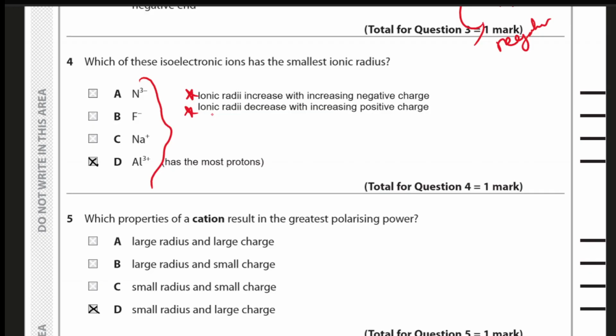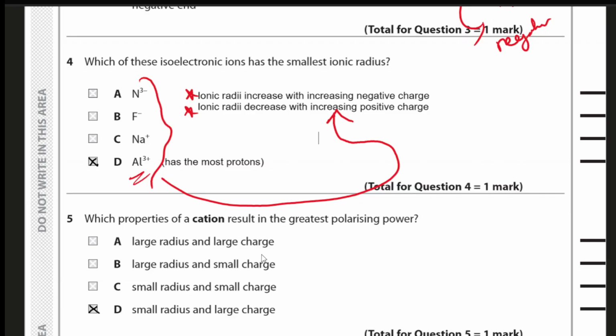Because obviously if you increase the positive charge, that means the proton number or the nuclear charge increases, obviously the electrostatic force of attraction between the outermost shell and the nucleus will increase. That would result in a decrease in ionic radius, and vice versa with increasing negative charge, considering the repulsion increases. Now we can clearly see that aluminium has the most number of protons, so that aligns with our second statement. So obviously aluminium, among all of its counterparts, will be the one which has the smallest ionic radius.